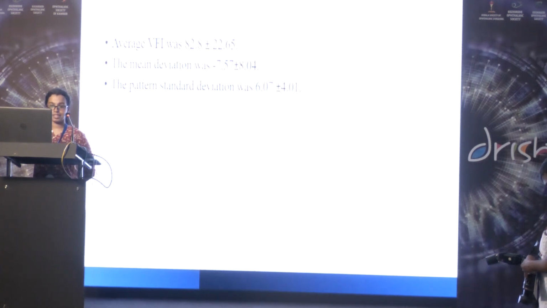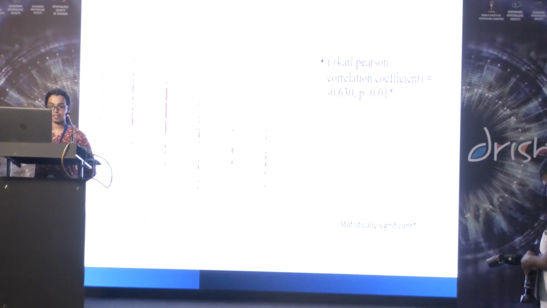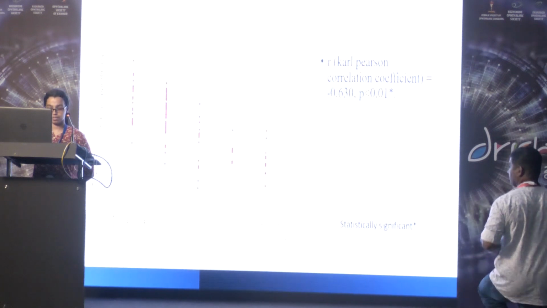Average visual field index was 82.8. This is a scatter plot diagram with DDLS score along the x-axis and average RNFL thickness along the y-axis. As the DDLS score increases, average RNFL thickness decreases. The Karl Pearson correlation coefficient between the two parameters was minus 0.630 with a p-value of less than 0.01, which corresponds to a highly negative correlation between the parameters.